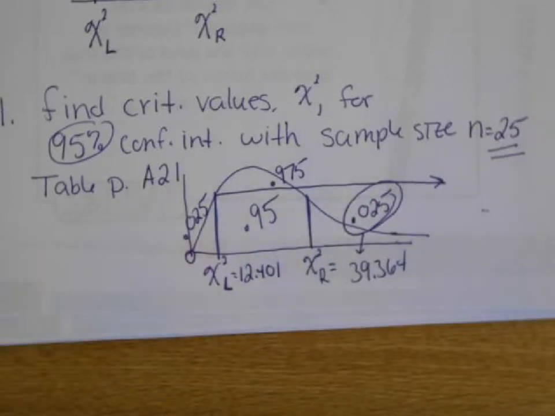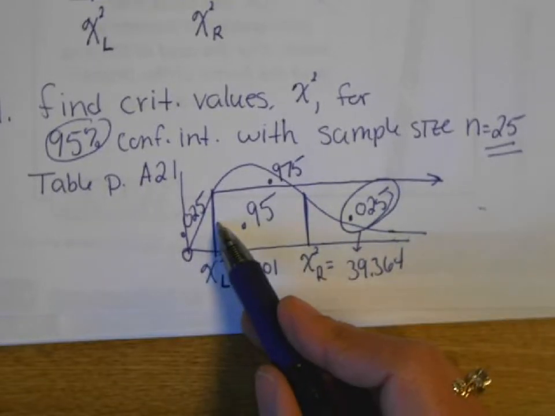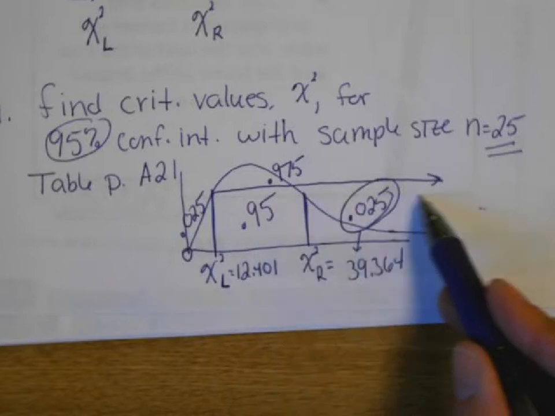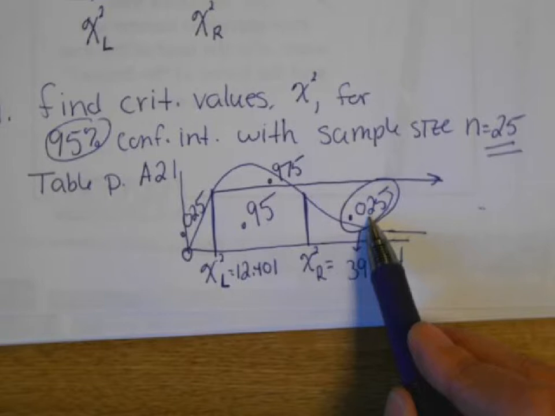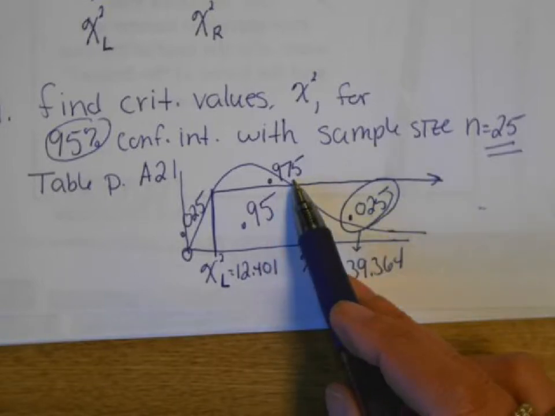Everybody have a chance to find that? Okay, mine is here. We're still at 24, correct? If I want this chi-squared value, I've got to look up the area to its right. If there's 2.5% behind me, what's the total area to the right of this thing? You've got to add those two together. 95 plus 2.5 is 97.5.